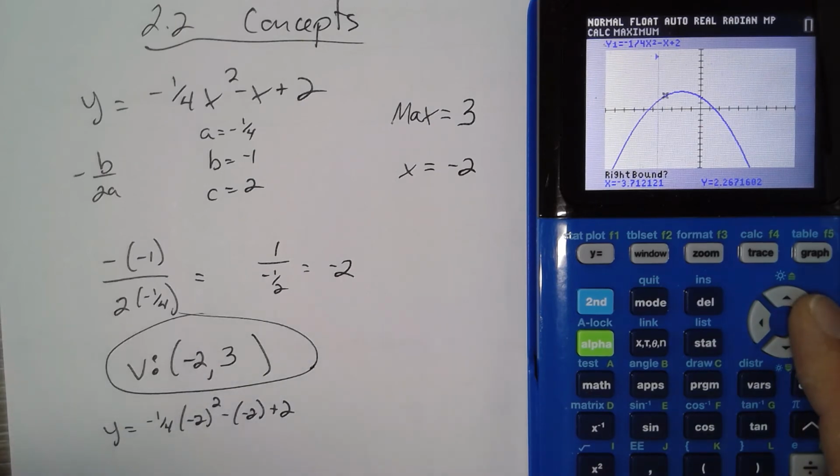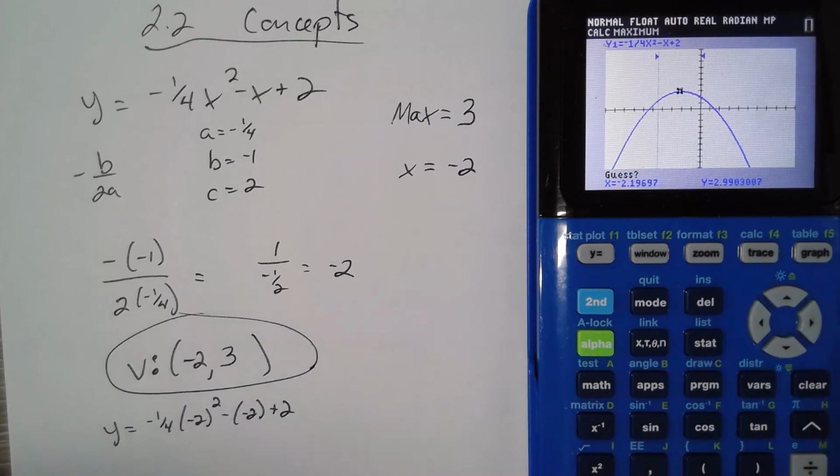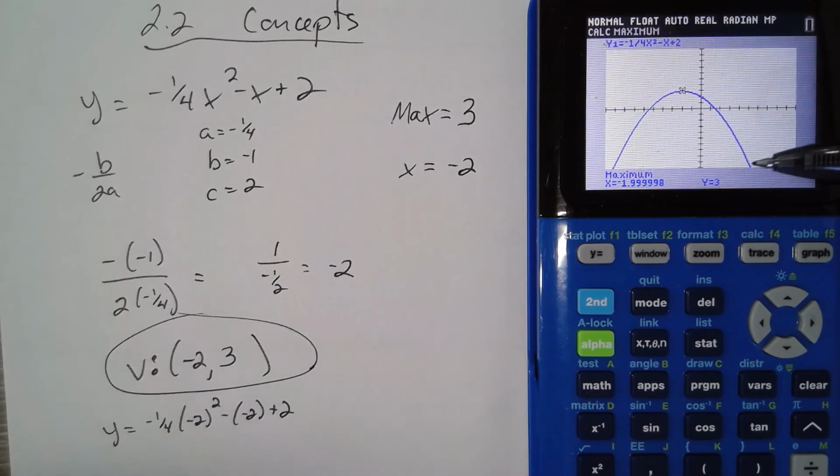Now it wants the right side, so somewhere on the right side of the maximum, and then I'll put a guess right on top of where I think the maximum would be. Hit enter. The calculator gives you negative 1.99998 comma 3, so we should know that that actually is negative 2 comma 3. The calculator is just rounding off a little bit, so it should be negative 2, 3, which we got over here.